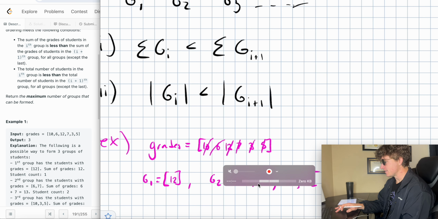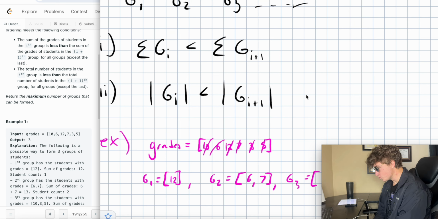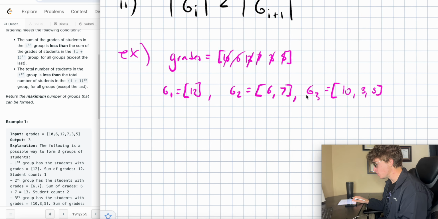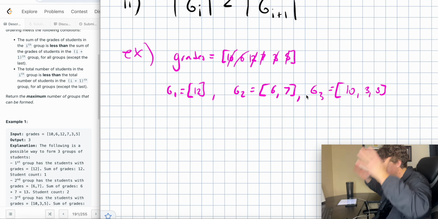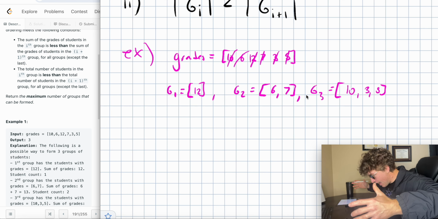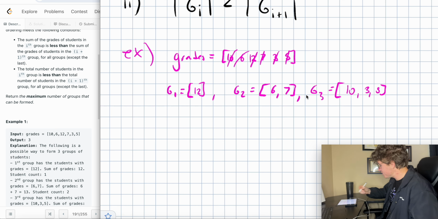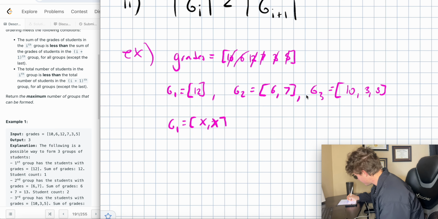But one thing to think about here is, every group, let's think about this condition alone, right? Every group needs to be less than the length of the next group, okay? So in order to maximize the number of groups, well, I'm trying to make as many groups as possible, right? So I'm going to want to not overuse people. Because if I choose my first group to be 2 people, well, then what does that mean about my next group?